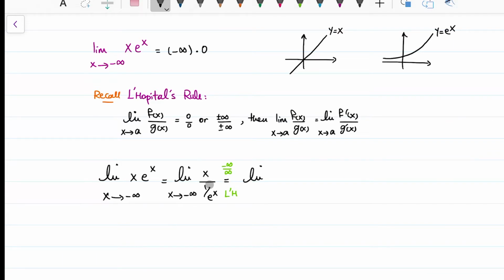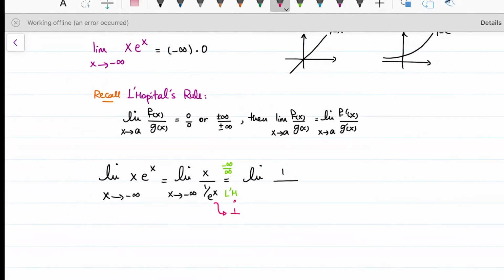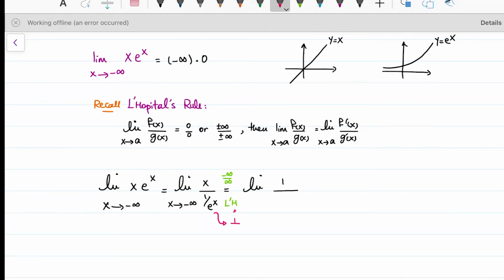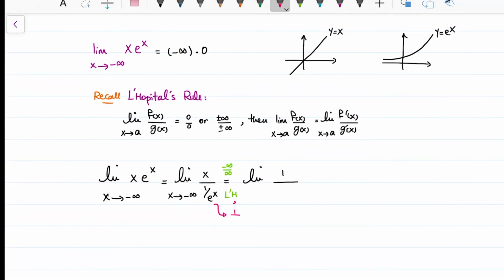Based on L'Hopital's rule, this is the limit of the derivative of the top, which is just 1, over the derivative of the bottom. What is the derivative of the bottom? Let me rewrite the bottom.